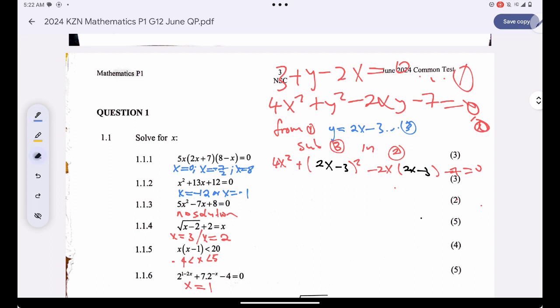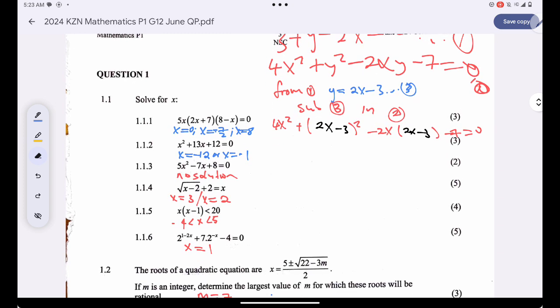All together. Let me erase here. Okay. Whenever I solve, the first thing I need to do is to remove the brackets. Yes, I'll still have my 4x squared, right? But inside the brackets, I'll also have 4x squared minus 12x plus 9, and then the second bracket will give me negative 4x squared plus 6x, and then I still have a minus 7 there, which is equal to 0.